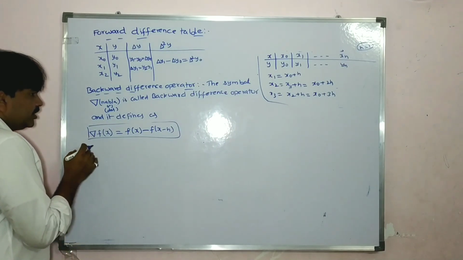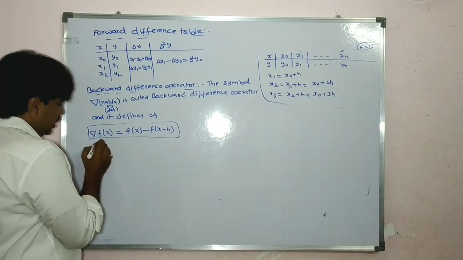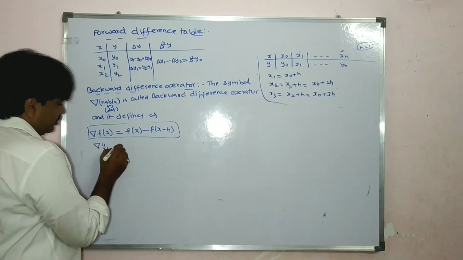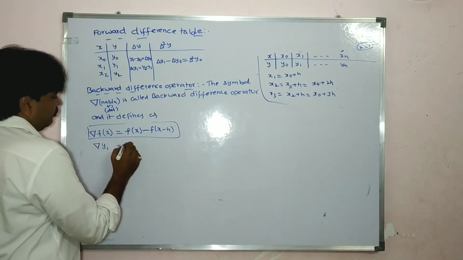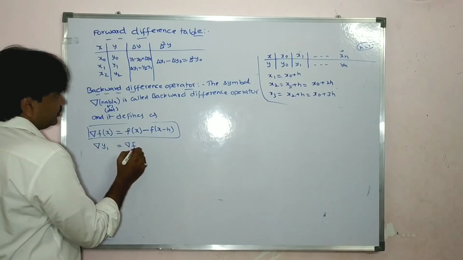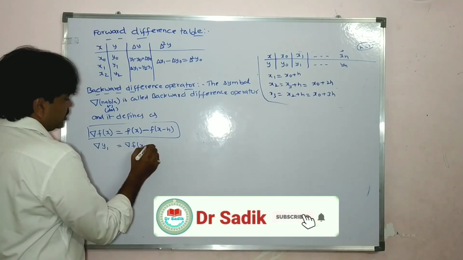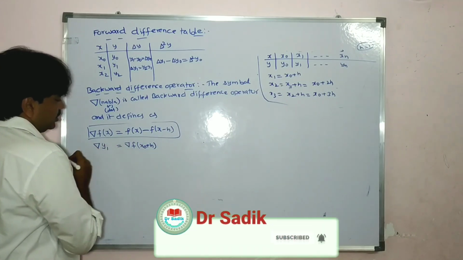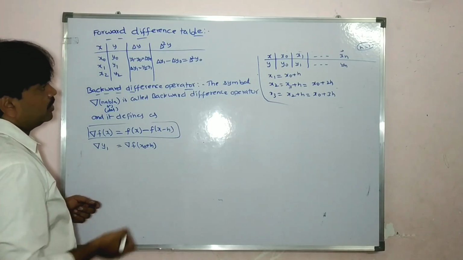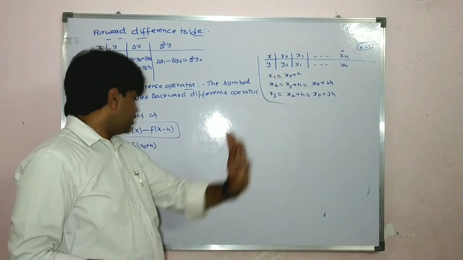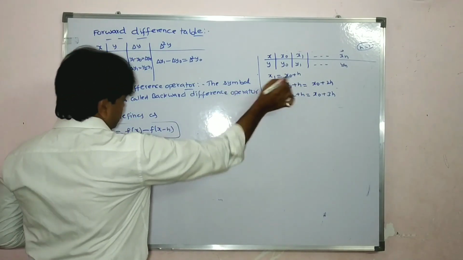Now I want to find this in terms of y. So nabla y1, y1 means nabla of f of x0 plus h. x1 means x0 plus h.